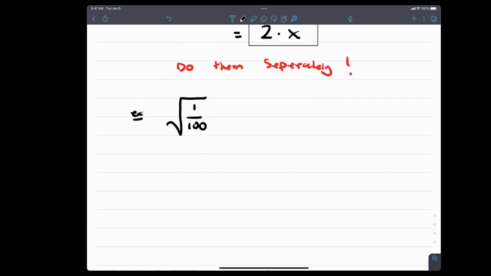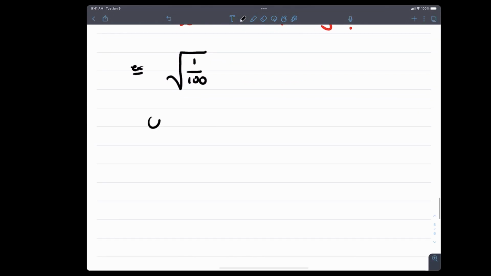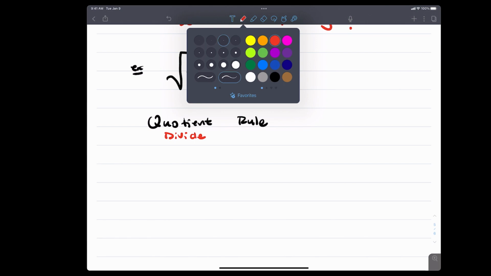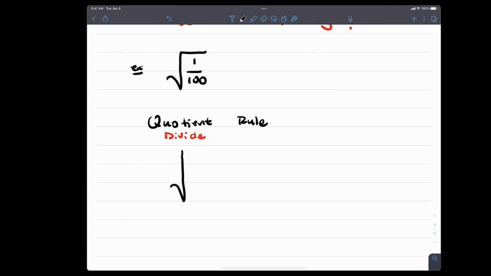This is also known as a quotient, by the way. What's a quotient? A quotient is to divide. So quotient means to divide. You have the divide rule. You go, oh, got quotient rule, divide rule. Square root, perfect square over another perfect square.